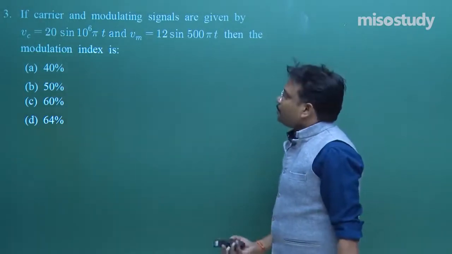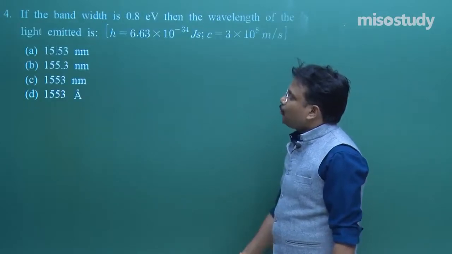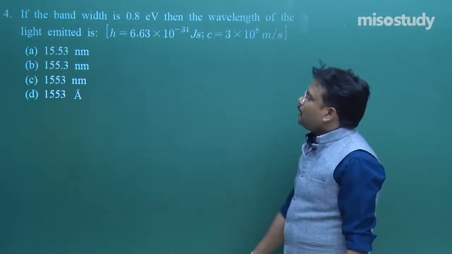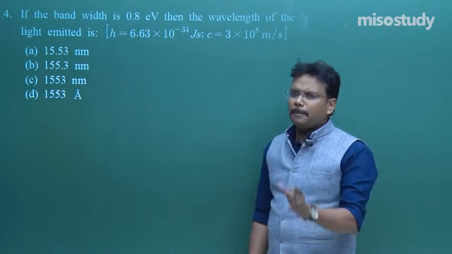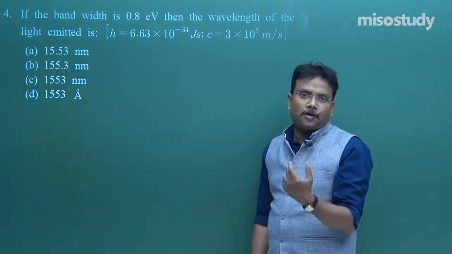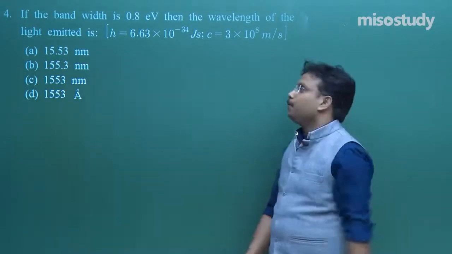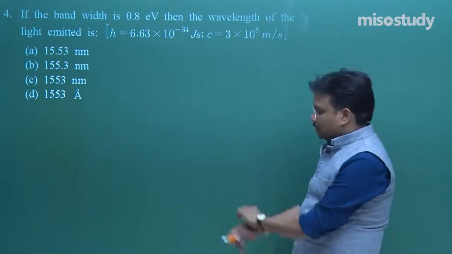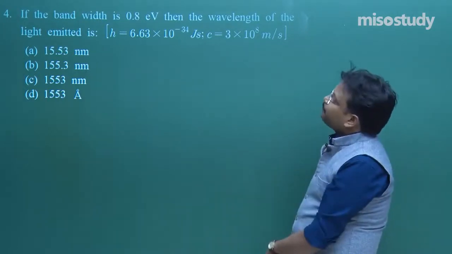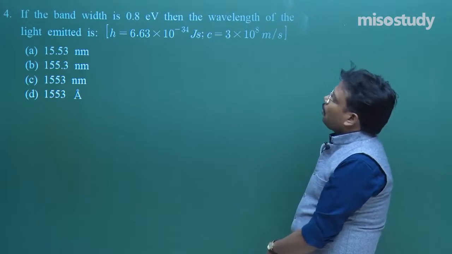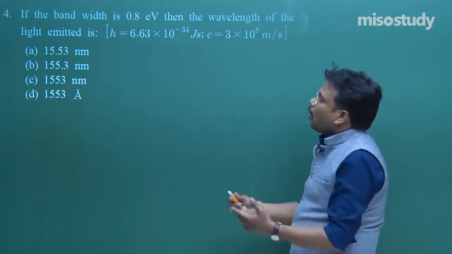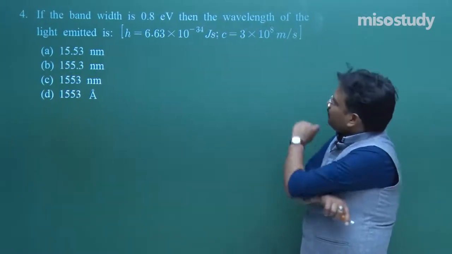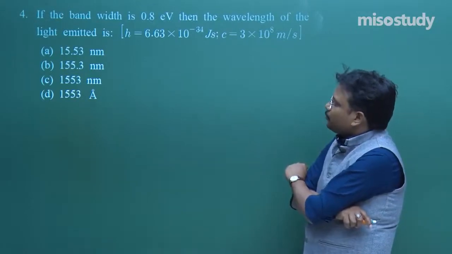So, here comes your question number 4. If the bandwidth, that is BW, which in general I explained to you during the discussion of the theory of this chapter, is 0.8 eV, then the wavelength of the light emitted is how much? Now, sometimes you may find these types of questions.